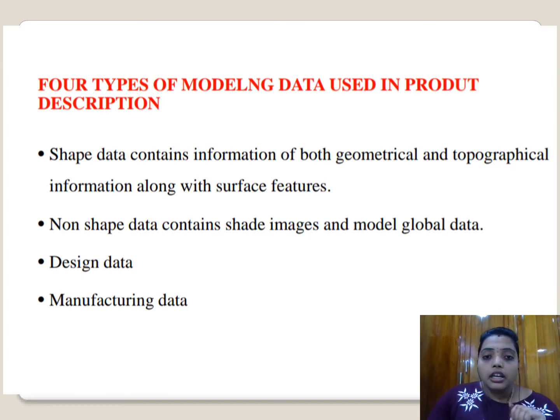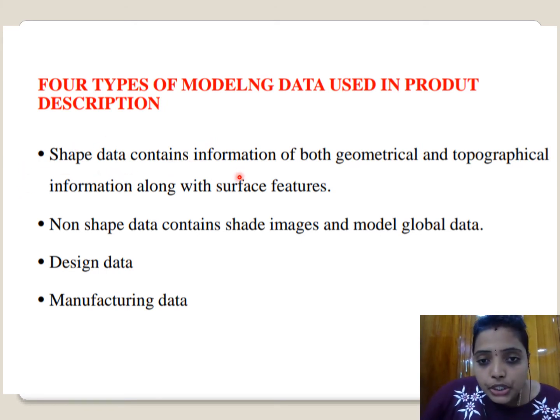Now let us see what modeling data is used in the product description. To model this data, we have four types of modeling data used in product description, to define the product. The first one is shape data, which contains both geometrical and topographical information along with surface features.